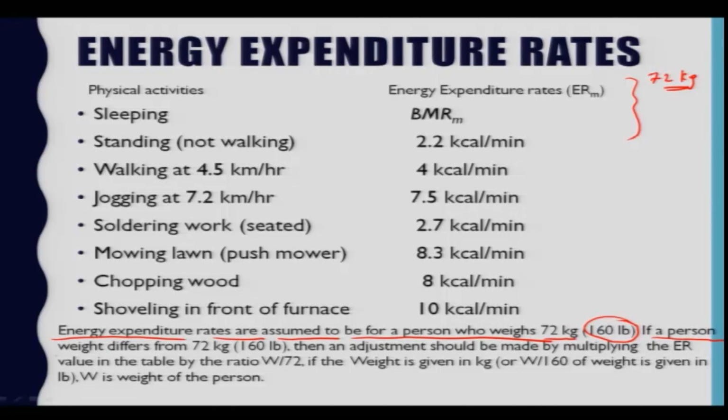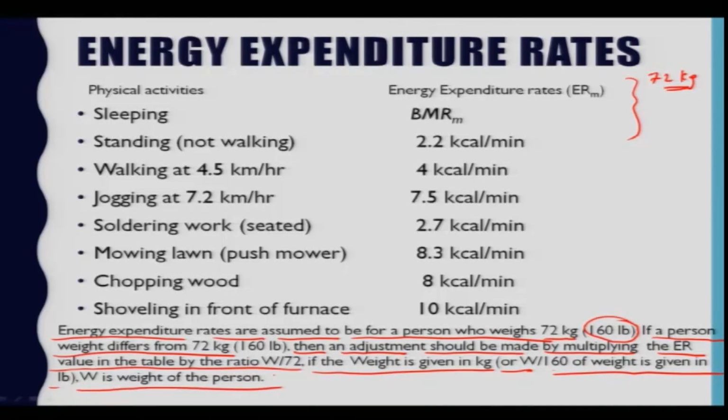If a person's weight differs from 72 kg, then an adjustment should be made by multiplying the ER value in the table by the ratio W/72 if the weight is given in kilograms, or W/160 if the weight is given in pounds, where W is the weight of the person. In a similar way, this energy expenditure rate can also be pronounced as a physiological cost, or energy expenditure rate.